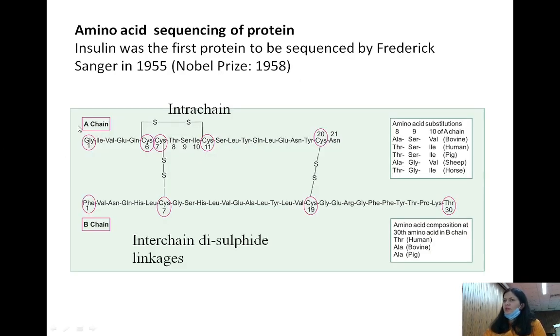Okay, for example, if you add the Edman reagent, that is phenyl isothiocyanate, it will first react with the glycine molecule. Then it will form the phenyl thiohydantoin derivative of glycine, and once it forms this derivative, this peptide bond can be hydrolyzed and the glycine which is separated can be identified by paper chromatography.